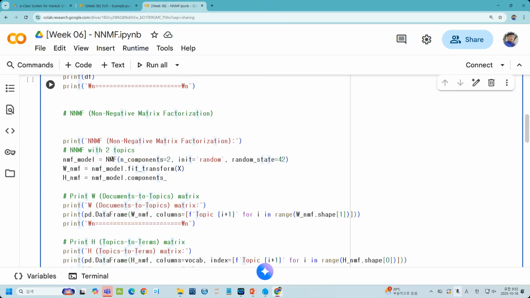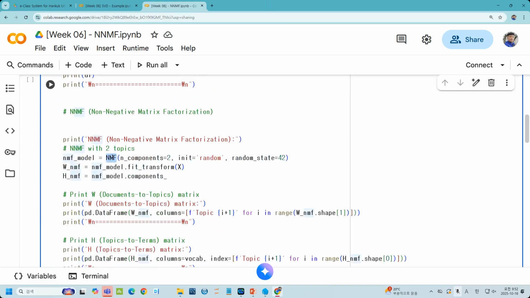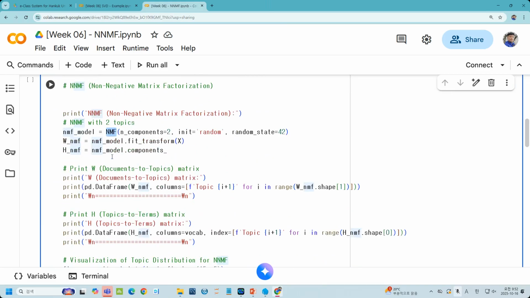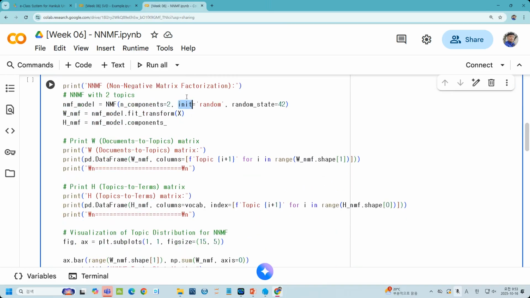So let's do it with the NMF. NMF is one of the libraries in Python. We can set up, for example, the number of components as 2. So the k is 2, then you can generate 2 topics. And the init means the initial value is random.